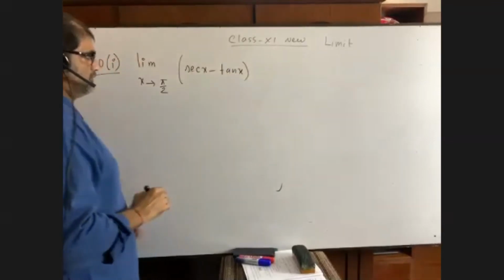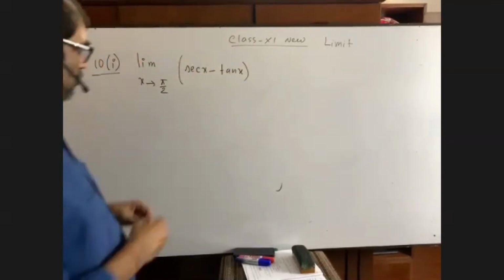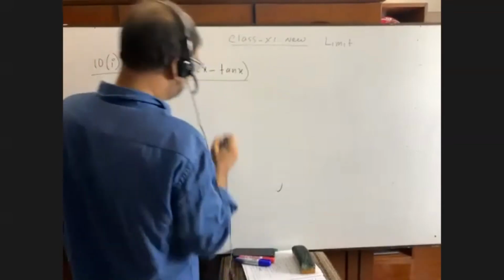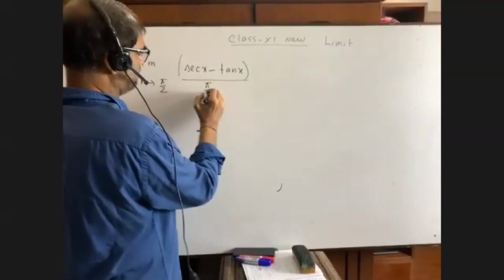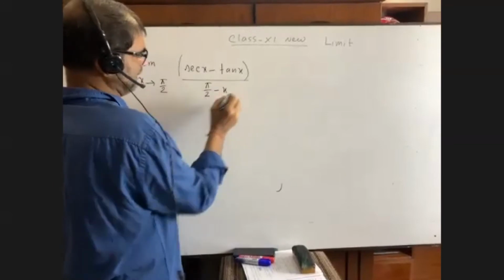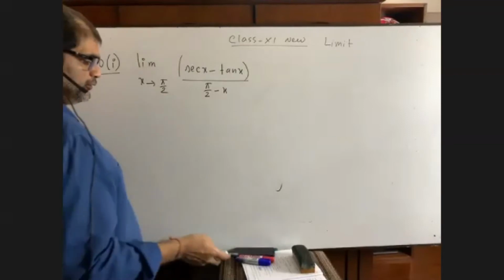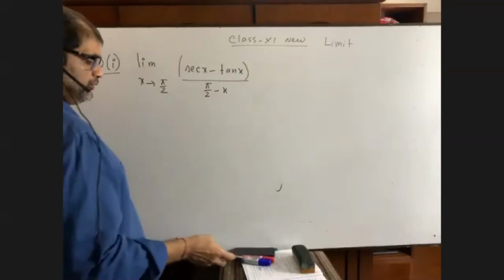What should we do? Just let me know. Something is written as pi by 2 minus x. What I told you, if in any math you get this type of format, then what will you do? Let x equal pi by 2 plus h.